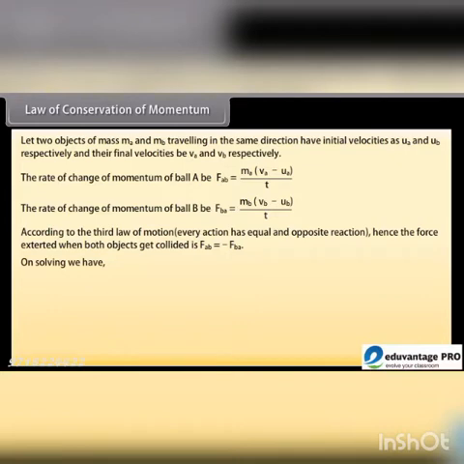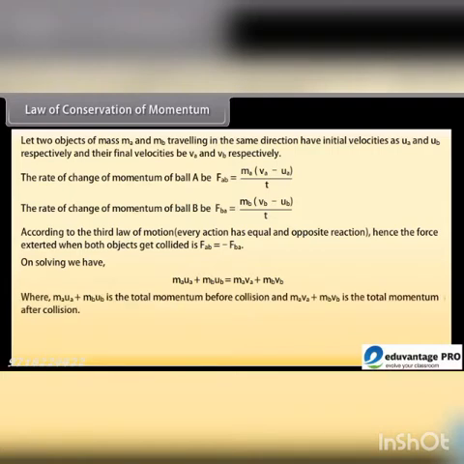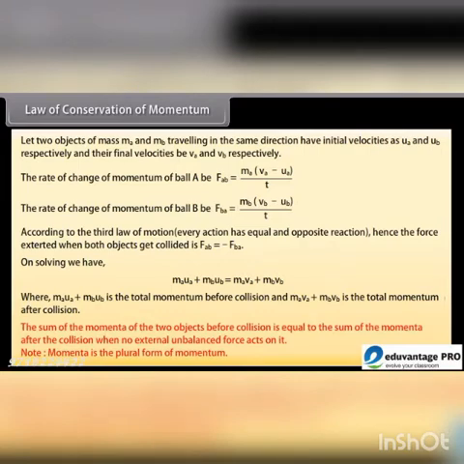On solving, we have mA uA plus mB uB is equal to mA vA plus mB vB, where mA uA plus mB uB is the total momentum before collision and mA vA plus mB vB is the total momentum after collision. The sum of the momenta of the two objects before collision is equal to the sum of the momenta after the collision when no external unbalanced force acts on it.